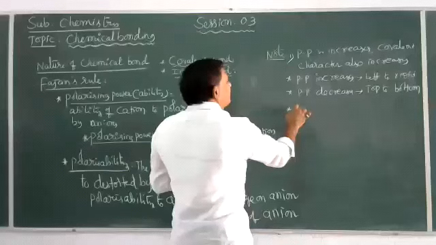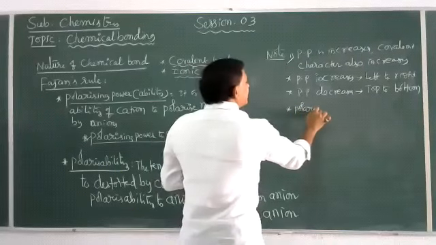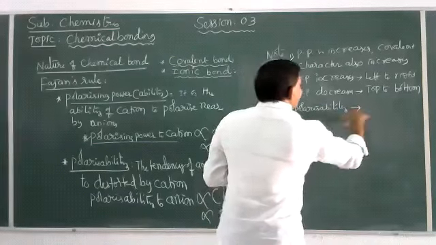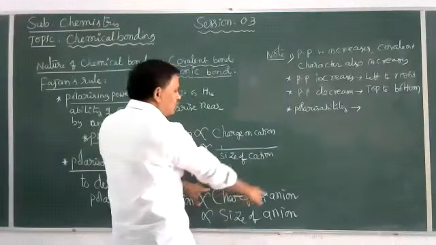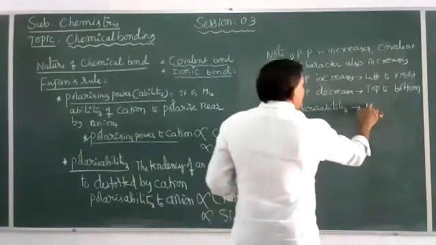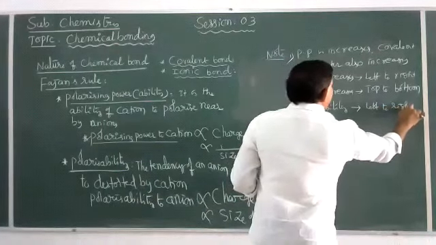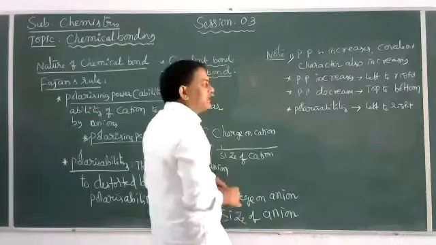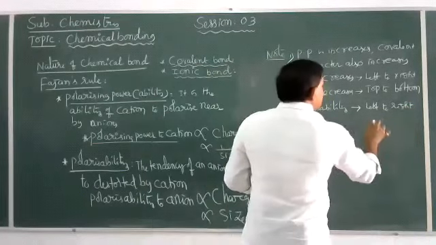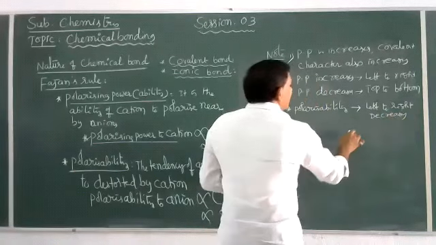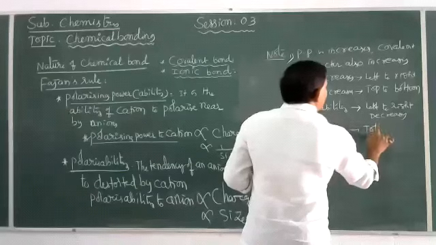Next one is polarizability. Polarizability generally decreases from left to right as the charge on the anion changes, and increases from top to bottom.